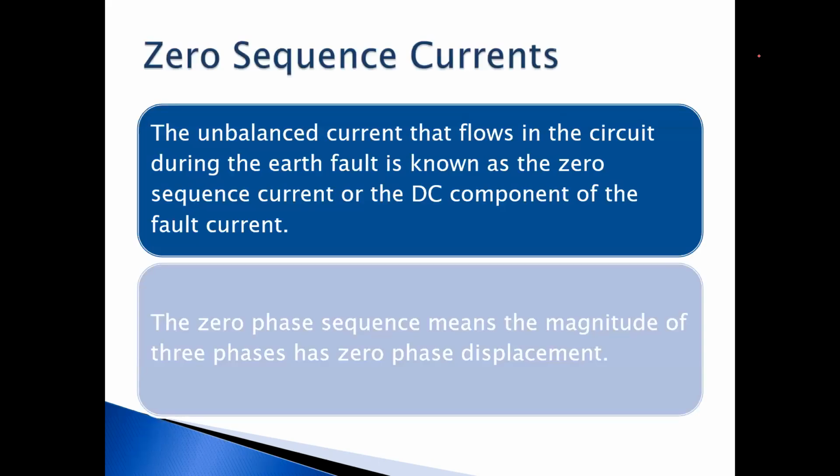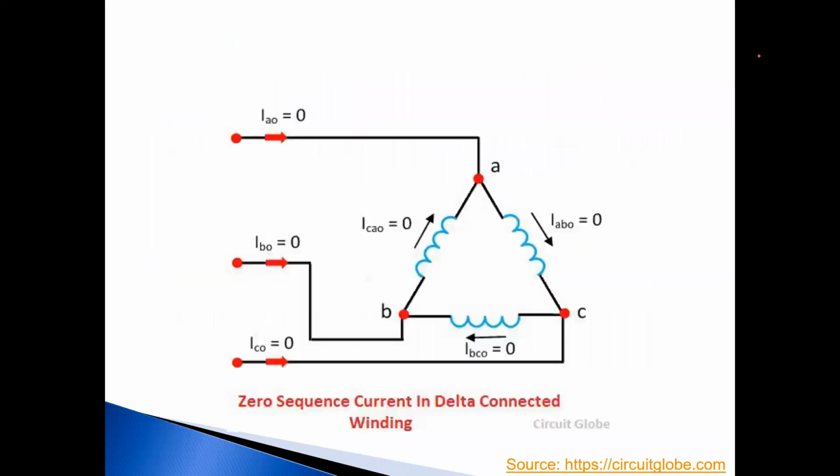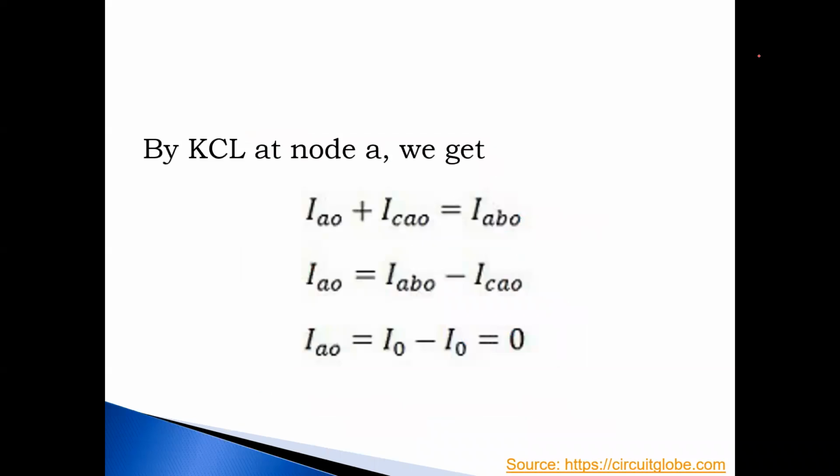Simply put, your zero sequence can only flow if you have a path to Earth. When we consider your delta, there's no connection to Earth, so the zero sequence here would be equal to 0.